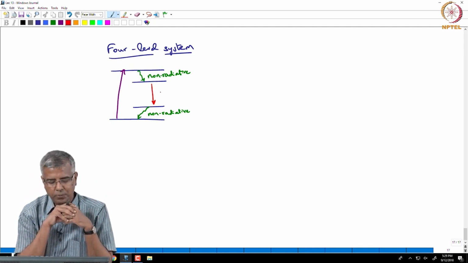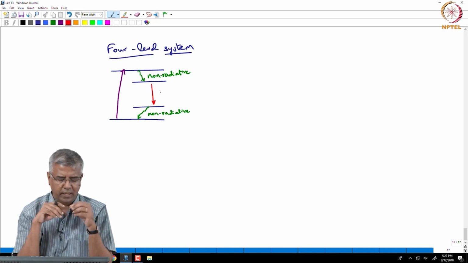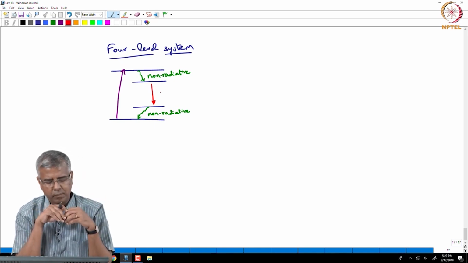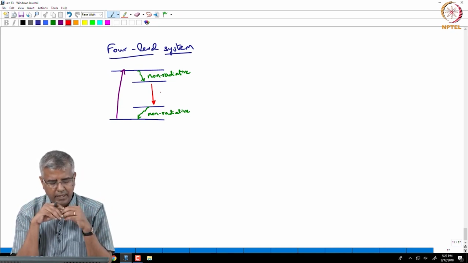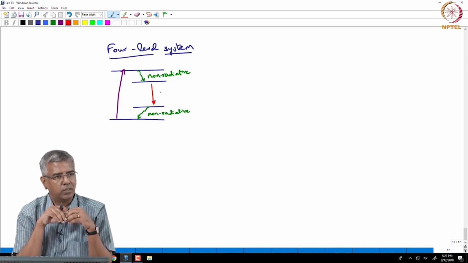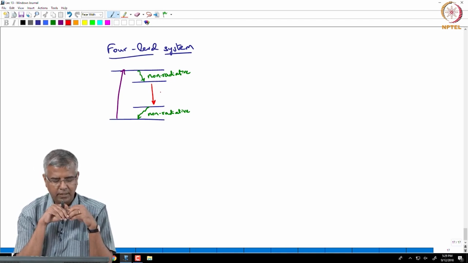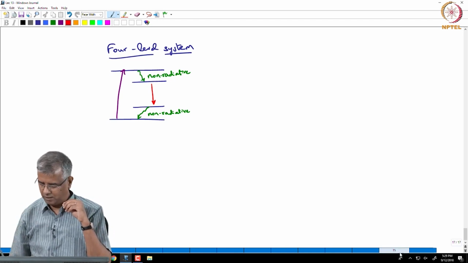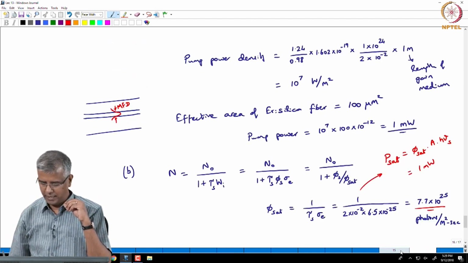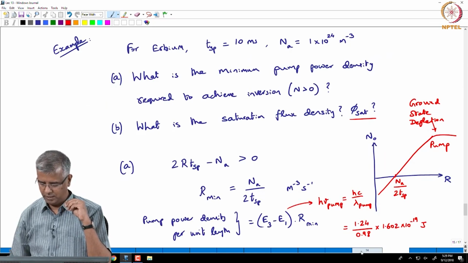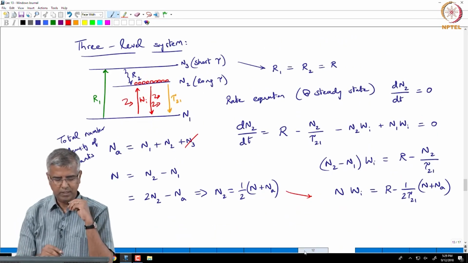Okay. So, in fact, I have done part of my research in making lasers at around 3 micron region, and 3 micron, believe it or not, is what you get when we deal with the terbium.